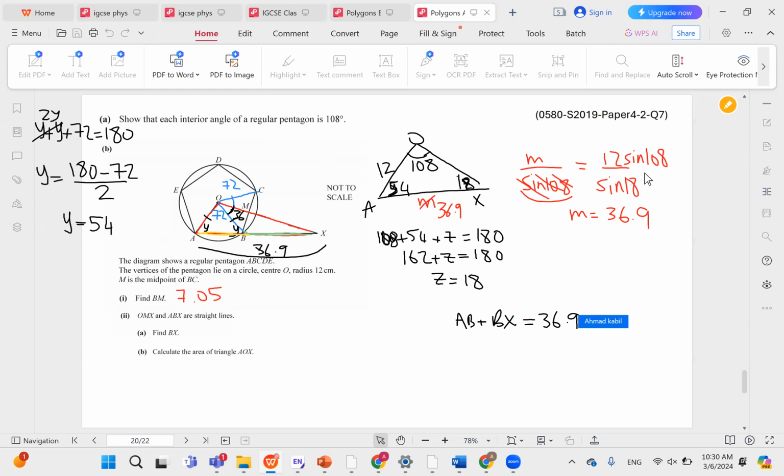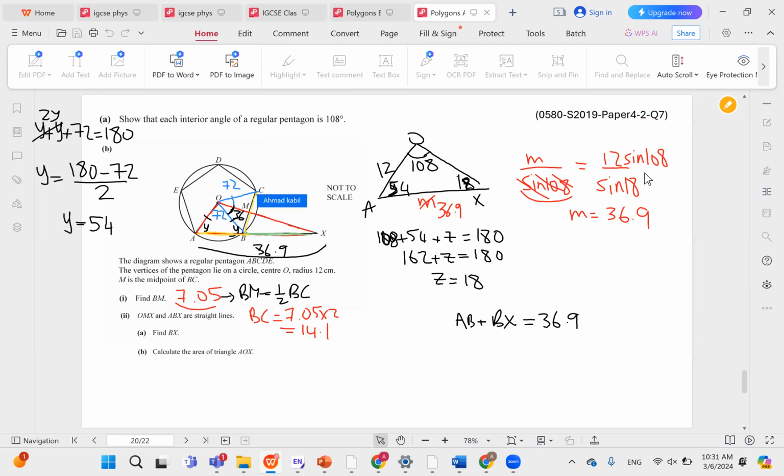So are we able to get AB? Of course, we're able to get AB because we already got BC in the previous question. In fact, this is how we got BM, since we said here that BM is half BC. So let me just multiply the answer by 2, and that just gives us BC automatically. So BC is 7.05 times 2, and that gives us 14.1. And since the pentagon is regular, all the sides of the pentagon have the same length.